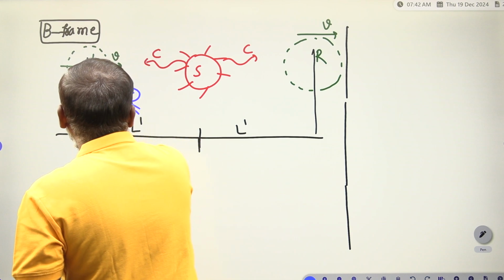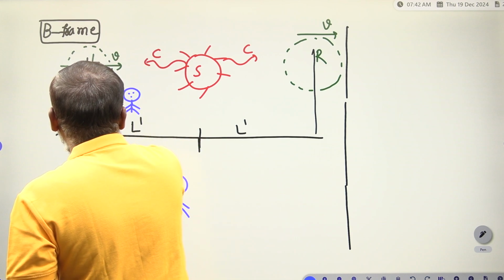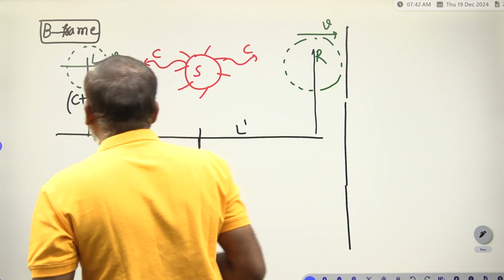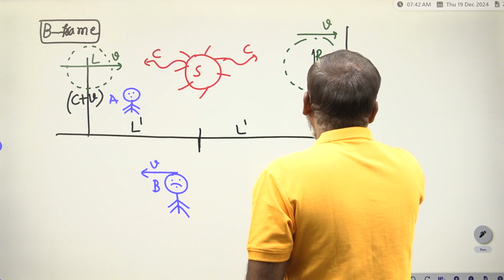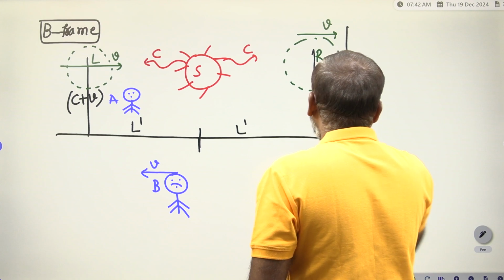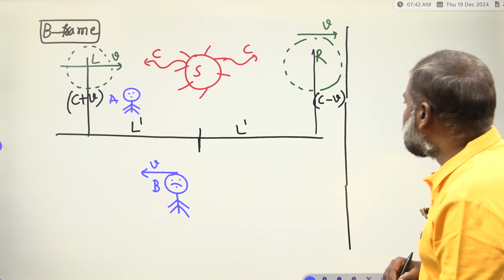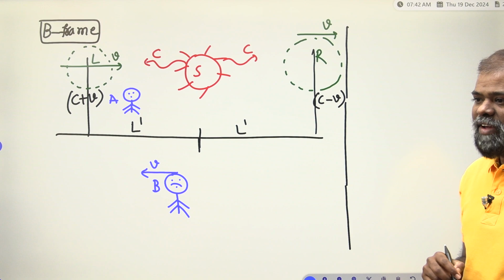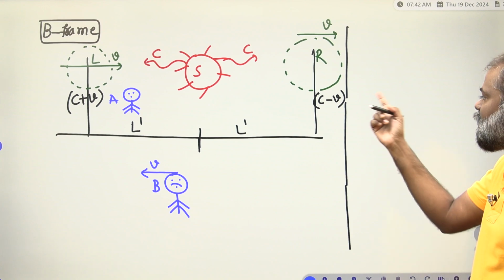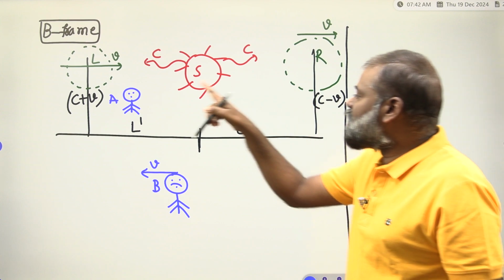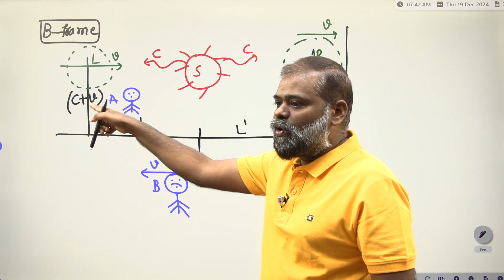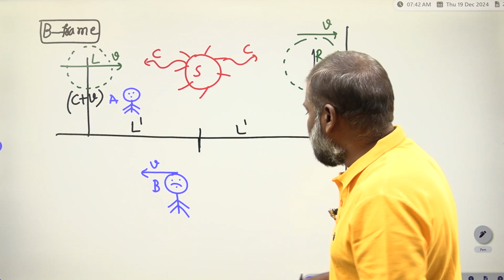So we have to take the complete velocity as c plus v. Here both are going in the same direction, so you have to consider it as c minus v. The resultant velocity here is c minus v, and the resultant velocity here is c plus v, clear.